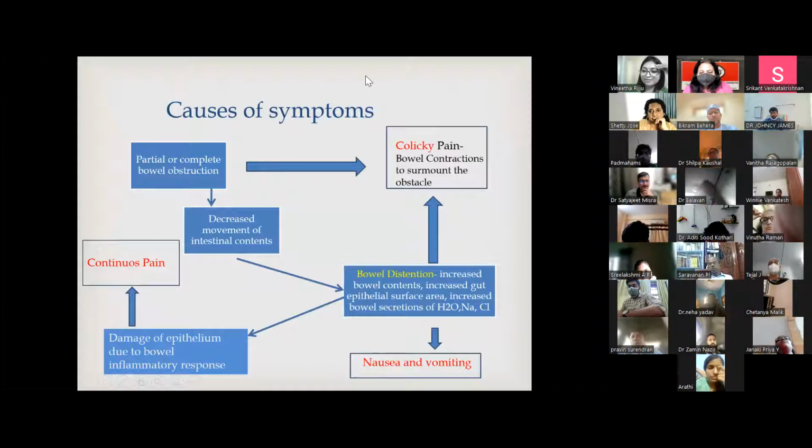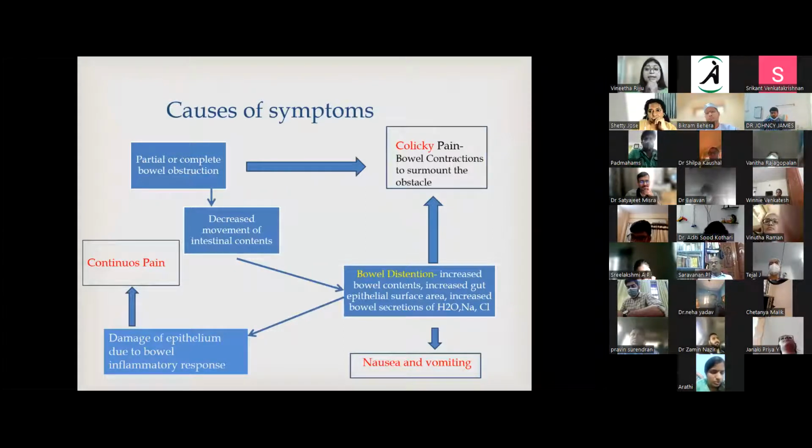Yes. In small bowel obstruction, the vomiting will be the predominant feature, whereas in large bowel obstruction, the lack of passage of flatus or stool will be the predominant feature. Yes, I would agree with you. Definitely, it is a small bowel obstruction which presents with a lot of high volume vomiting.